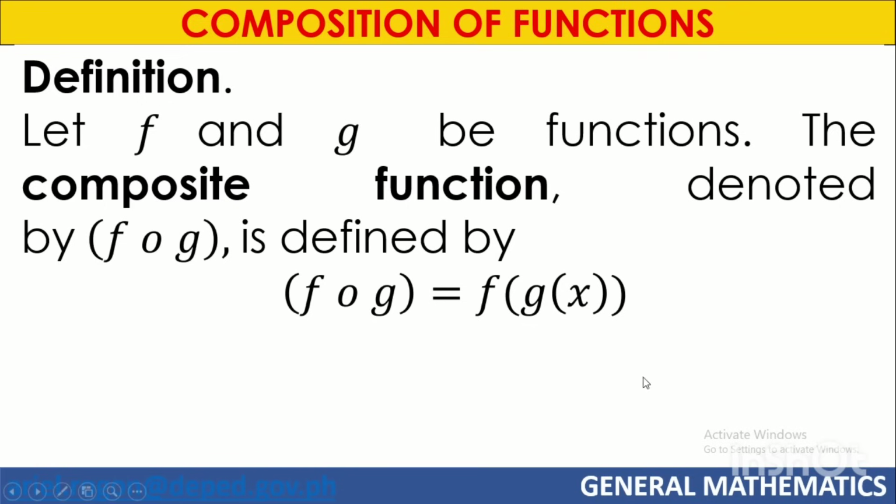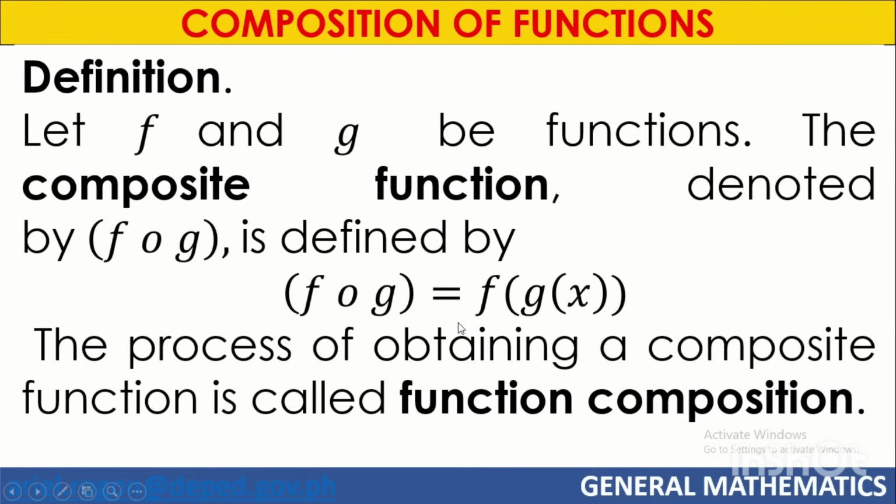We can read this as the composition of the function f with g. The process of obtaining a composite function is called function composition. In this class, x is in the domain of g, and g of x is in the domain of f.